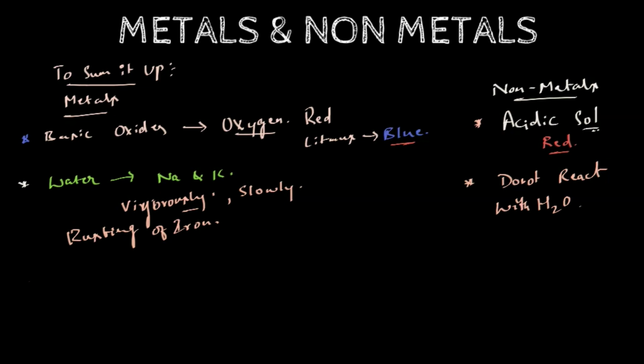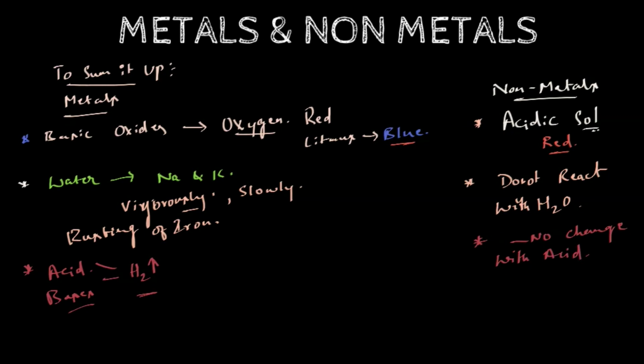Reaction with acids. Acids as well as bases, when a metal reacts with these, they release hydrogen gas. Whereas non-metals react with acids and there is no change, and when they react with a base there are more complex reactions.